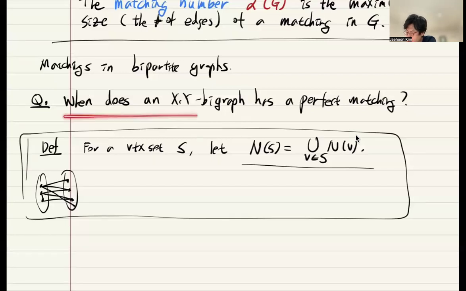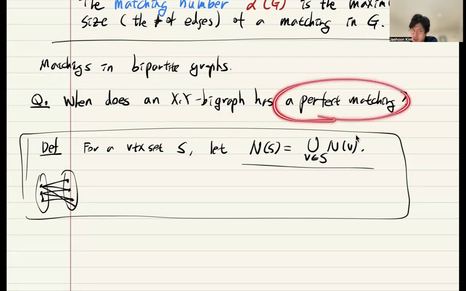So oftentimes we want to find some sufficient condition for certain property. What we do is we try to see what are the necessary conditions for that. And then some of the necessary conditions, we are hoping that that is actually a sufficient condition.